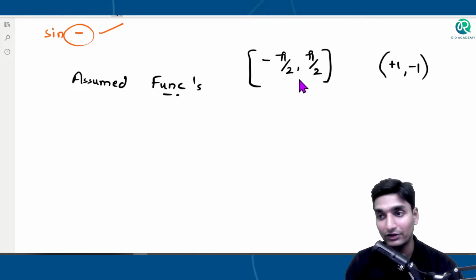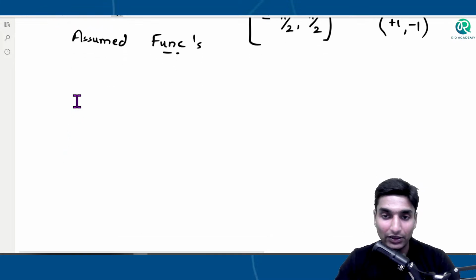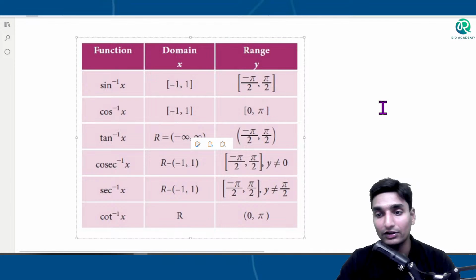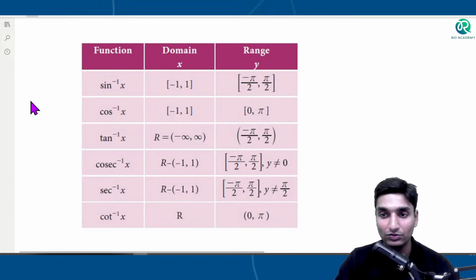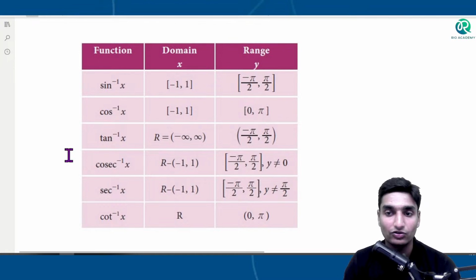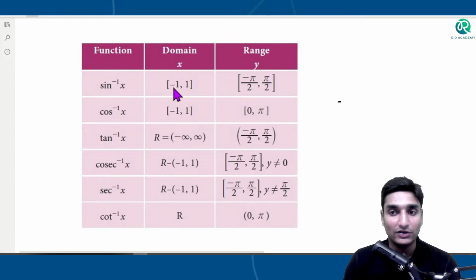So this is important. I hope you have understood this guys. You don't have to learn it by heart, but here is just a typical representation of what the domain and what the range is. So as you can see here guys, for sine inverse, the domain is -1 to +1 and the range is negative pi upon 2 to pi upon 2.